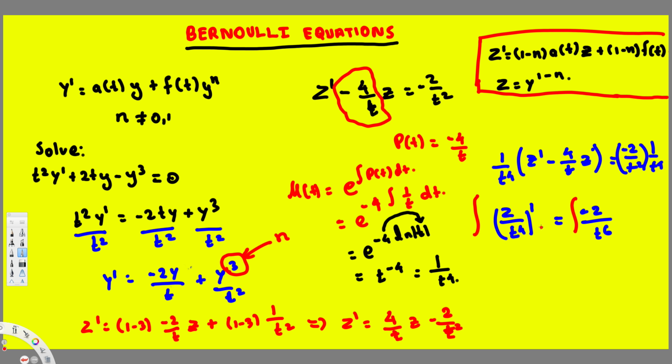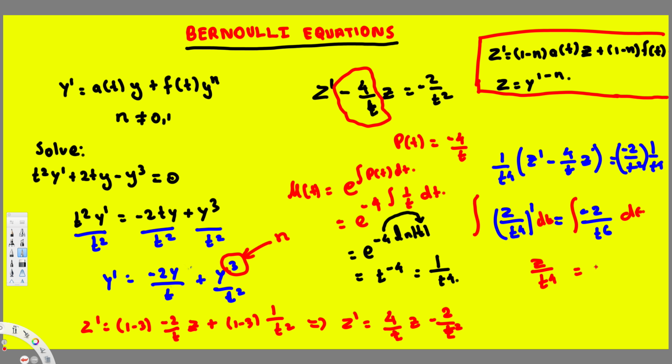If you integrate in terms of dt, the derivative and integral cancel each other, so this is going to be just z over t to the power 4, and on this side we are going to have t to the power minus 6.